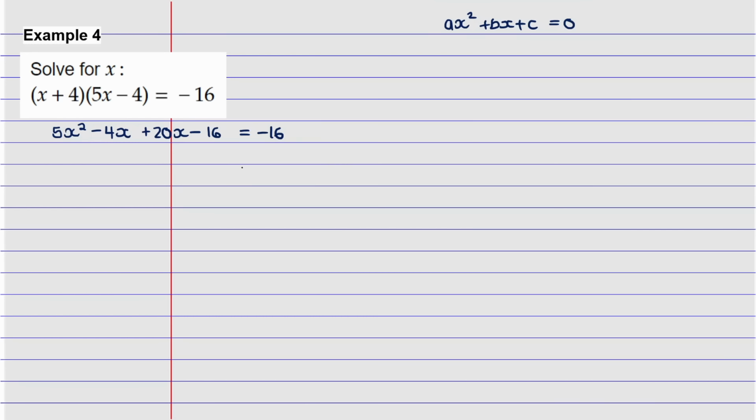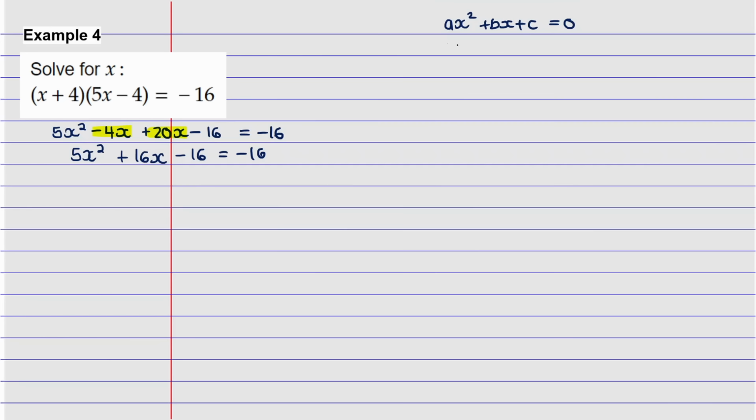Then after that, let's clean this up and group like terms, right? So grouping like terms is this one and this one, right? So now let's write. We're going to have 5x squared. Then negative 4 plus 20, I'm going to get plus 16x, right? It's going to be minus 16 is equal to negative 16, right?